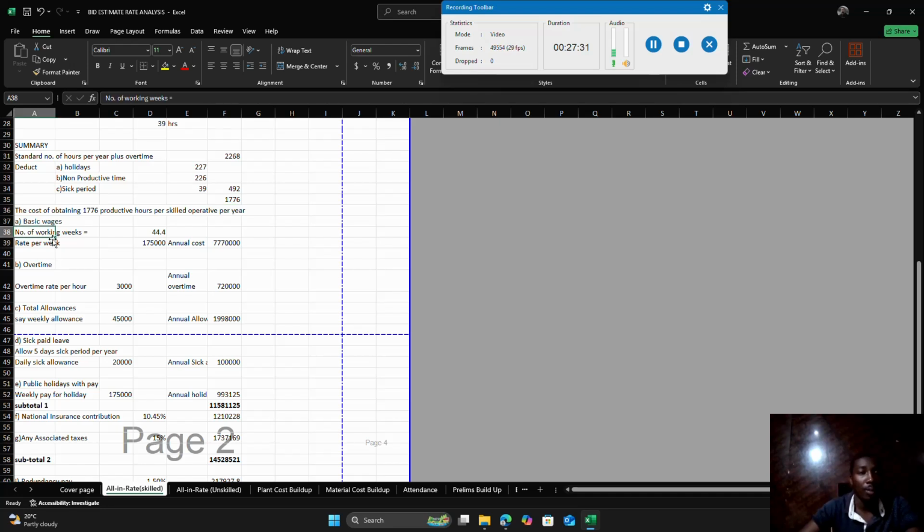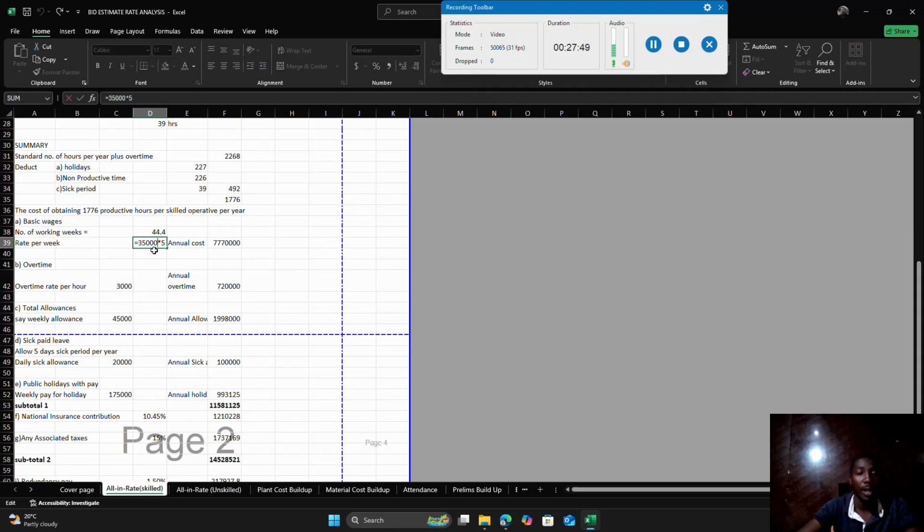So one, the number of working weeks is 44. The rate per week, we are assuming that if we are giving 35,000 times 5, that gives us 175,000 for a skilled worker.